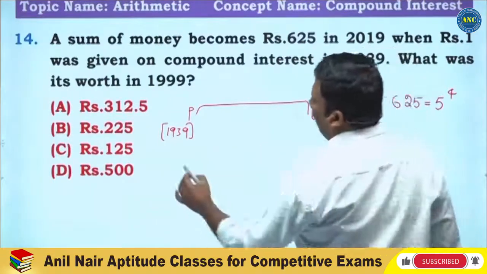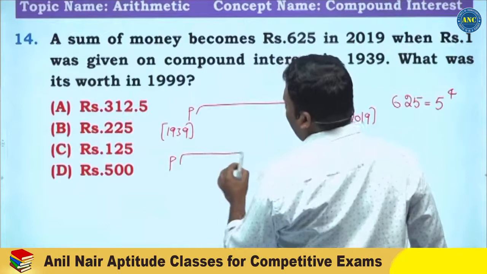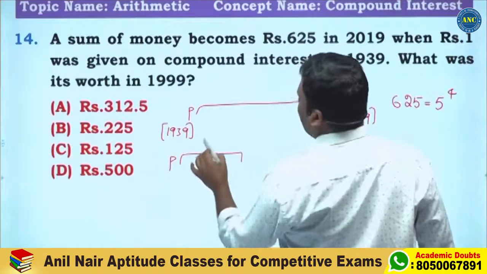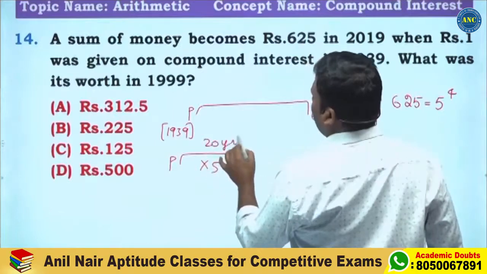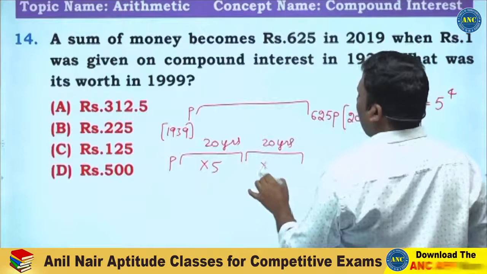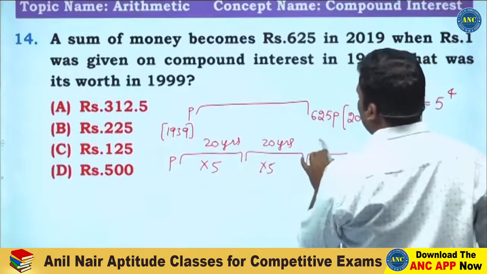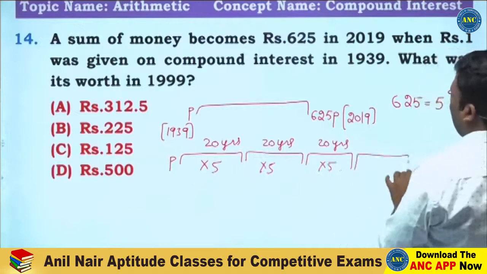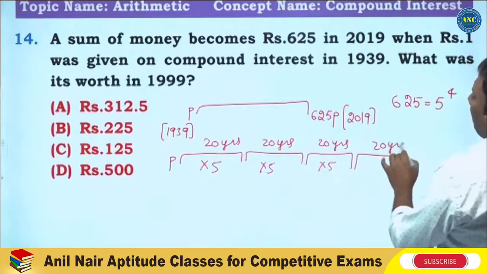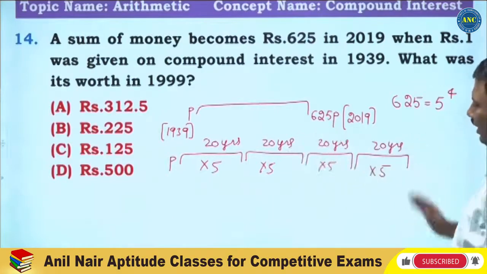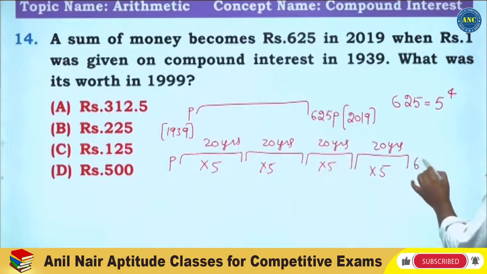That means for every 20 years, it is into 5. Again after 20 years, it is into 5, again after 20 years into 5, again after 20 years into 5. That means after 80 years, it will be 625P.